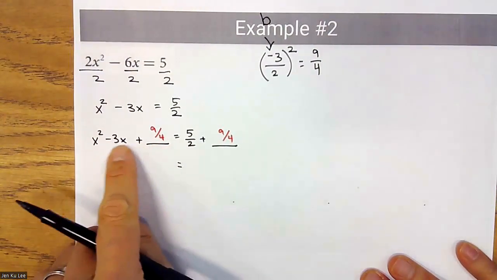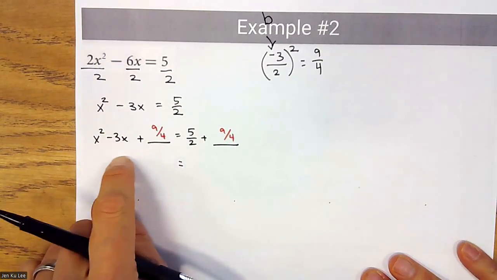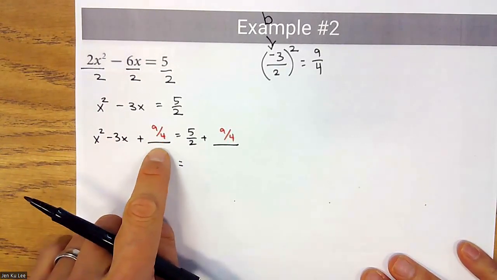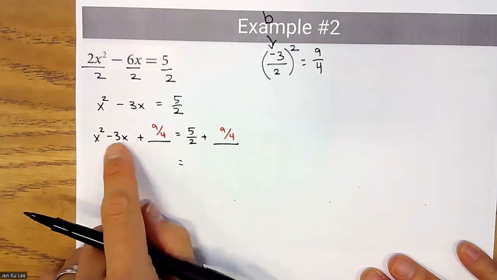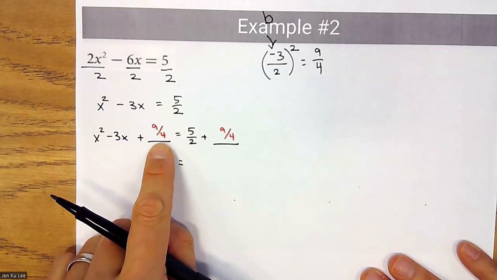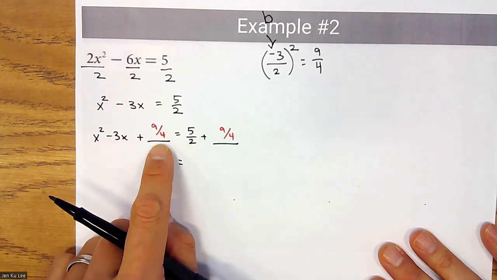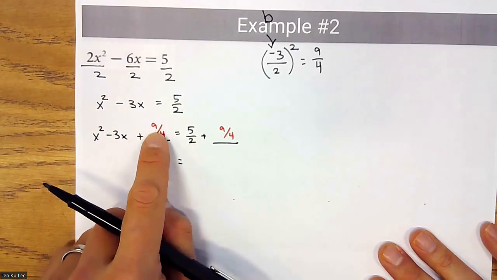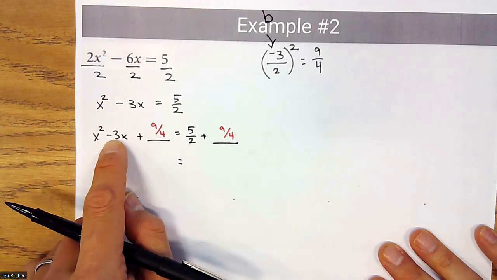Do we know how to factor this right now? Class? No. There's no two numbers that I can come up with that multiplies to 9/4 and gets me a sum of -3, right?